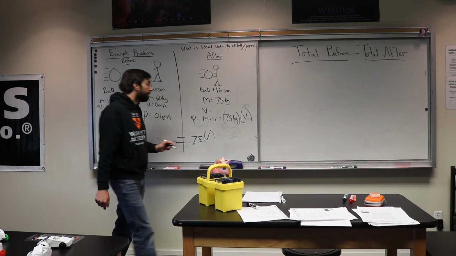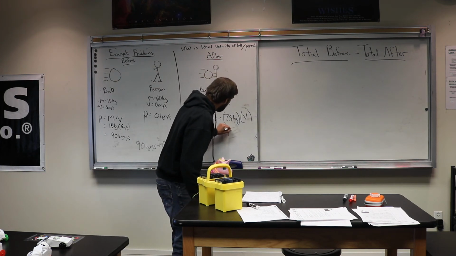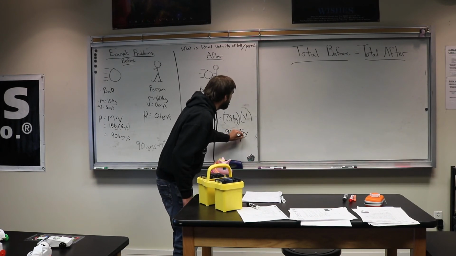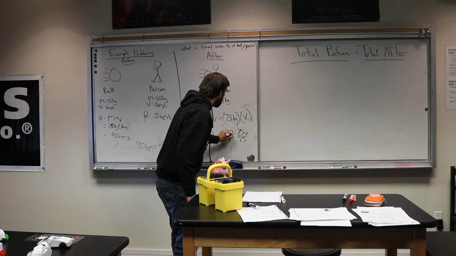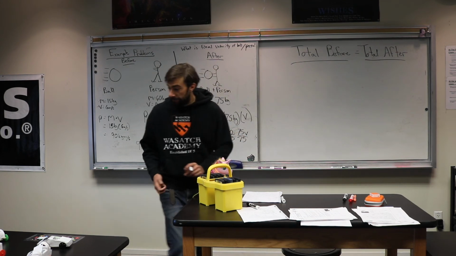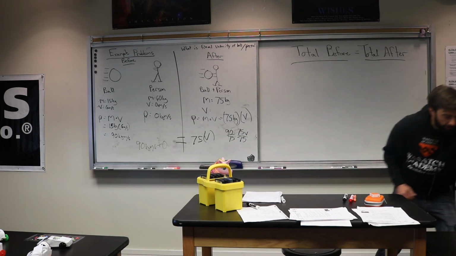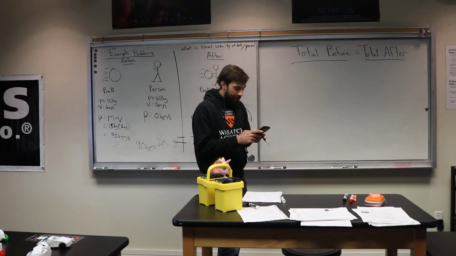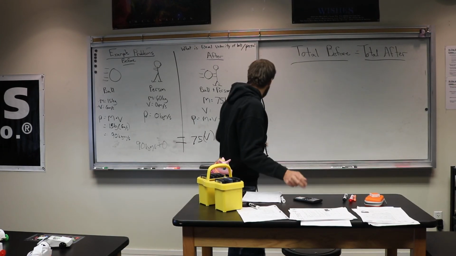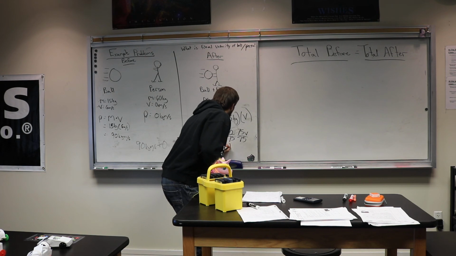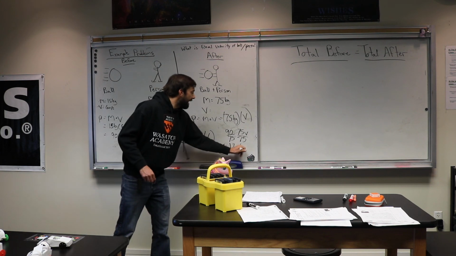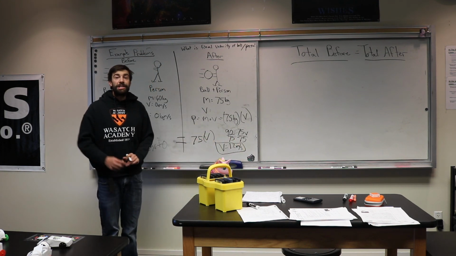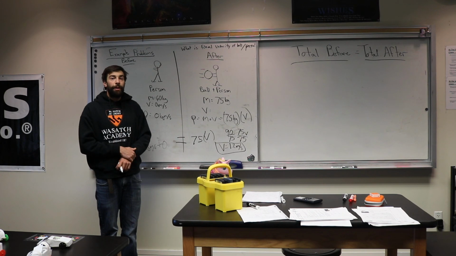Now to solve for velocity, divide both sides by 75. Calculator here, can't do that mental math. 90 divided by 75 is 1.2. So our velocity is 1.2 meters per second. And that is how we solve this problem. Stay tuned for another example problem. We'll do something a little bit more complex.